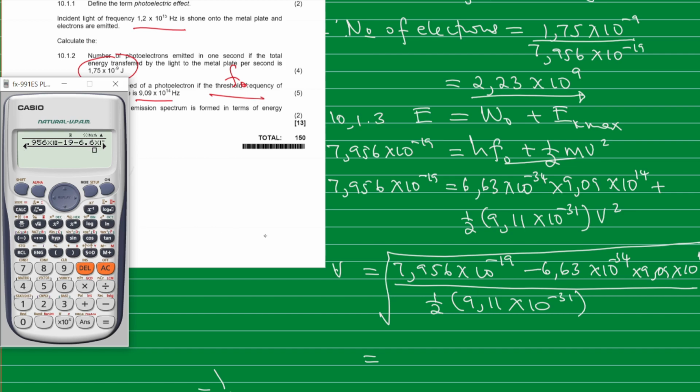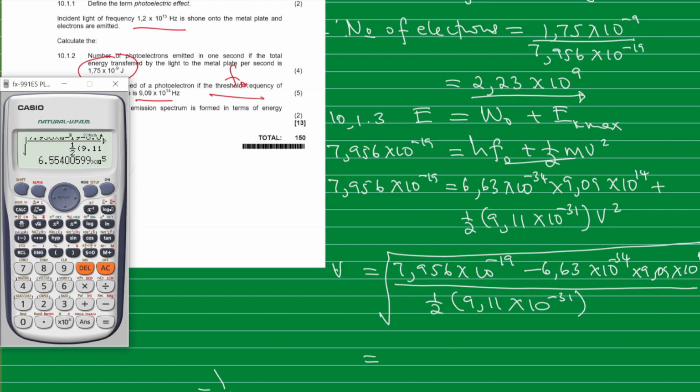Then I'll come down to 1 over 2 at the bottom, multiplying 9.11, and that is multiplying negative 31. I'll close here. Let's see if we get some luck.